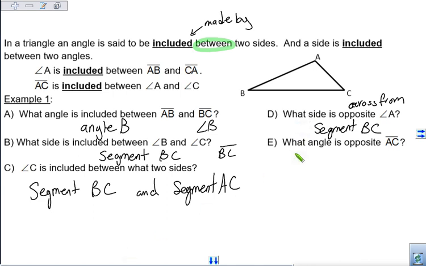And last up here, what angle is opposite segment AC? So we have segment AC. We want the angle that is not touching A or C. So it's the one across from it. So that is angle B.